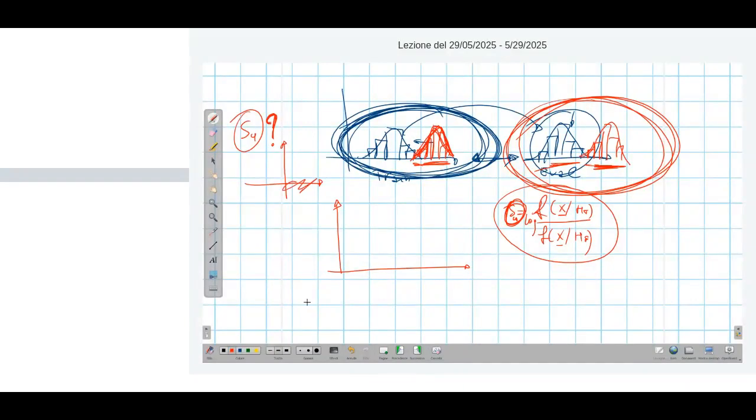Being miscalibrated means that I don't know how to threshold this, or if you prefer, I don't know whether this is favoring class 1 or class 0, whether I should understand this as a sample of class 1 or class 0.